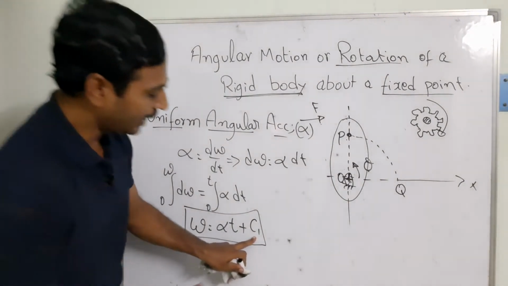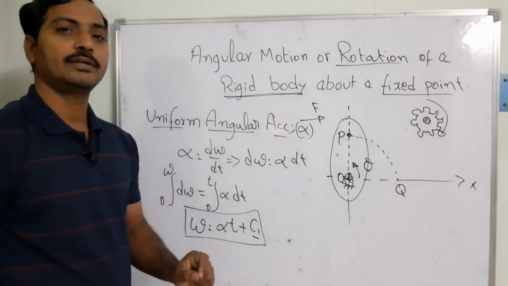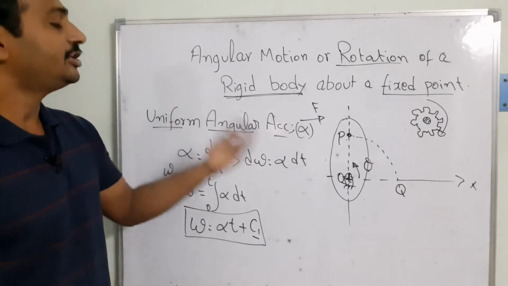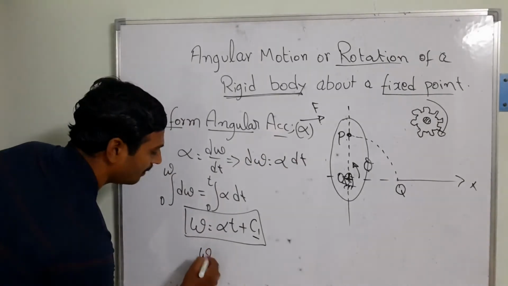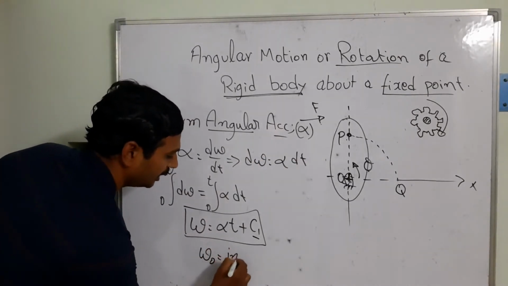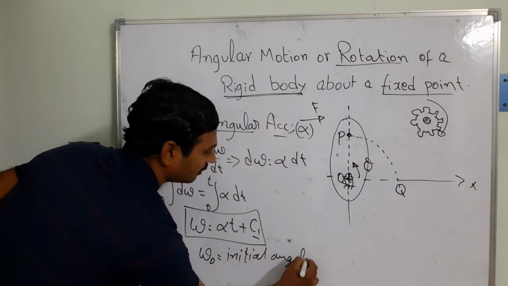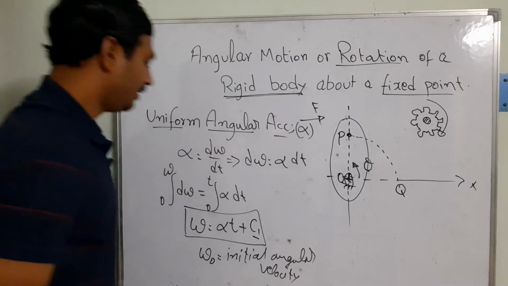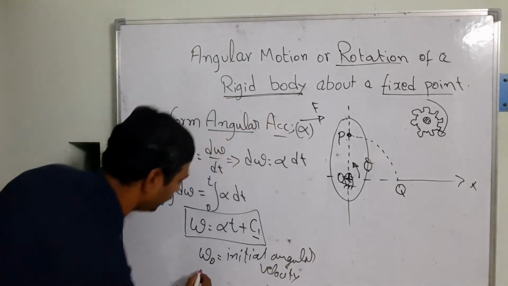To find the constant c1, we need to substitute the initial conditions. What is the initial angular velocity? I take omega naught as the initial angular velocity, when the time t is equal to 0.